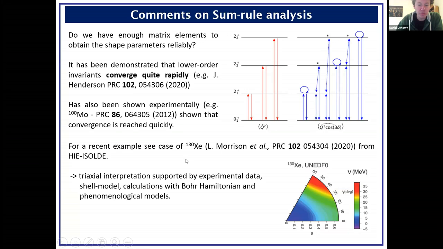This is a really nice paper that's using a contaminant from a HIE-ISOLDE beam. Xenon-130 is stable, and with this short amount of data, we're able to determine these matrix elements to support the triaxial deformation of xenon-130. So these are results that we have both experimentally and are supported by shell model calculations, calculations with the Bohr Hamiltonian, as well as approaches with simple phenomenological models.